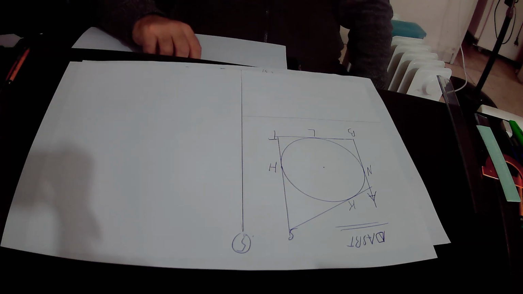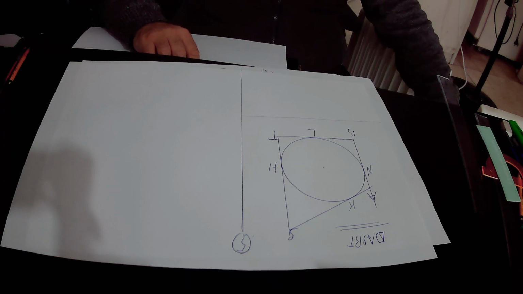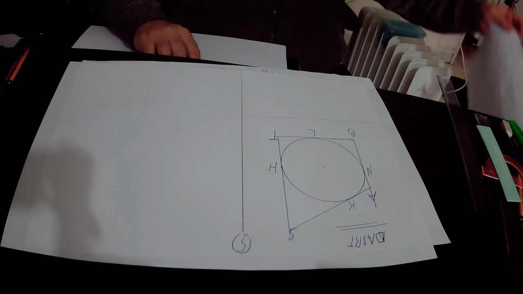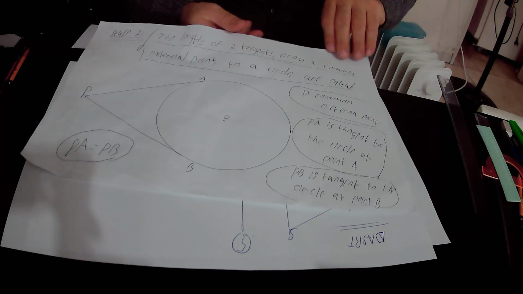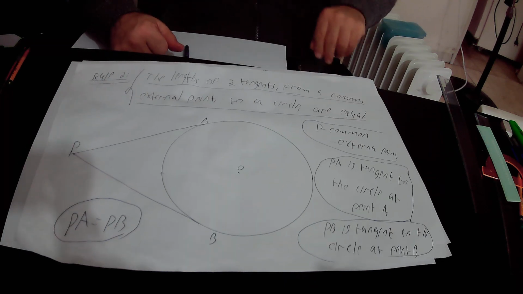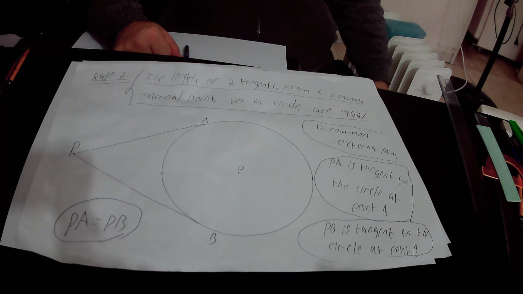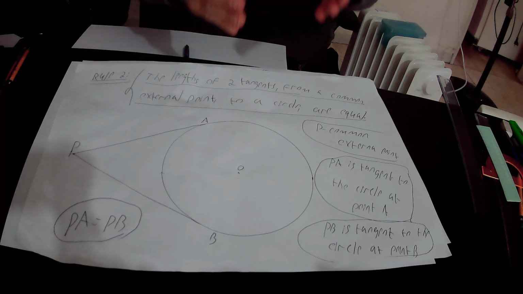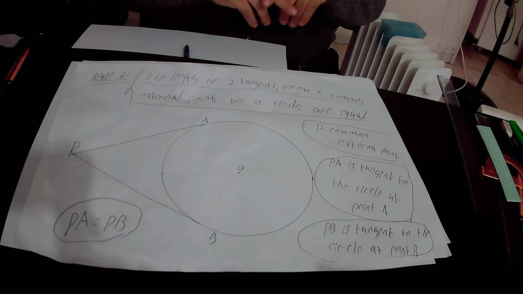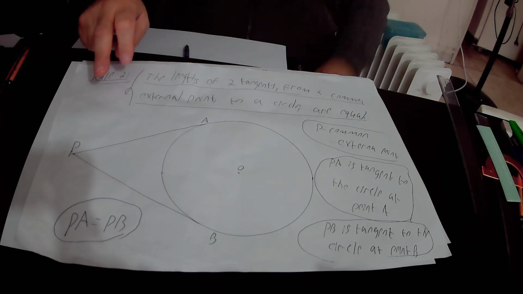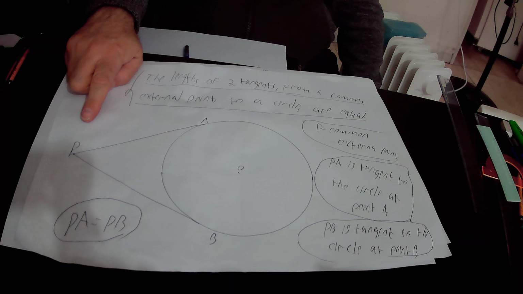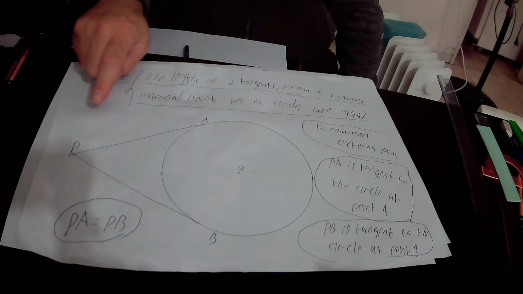You can implement here rule 2. I will repeat quickly on rule 2. According to rule 2, the lengths of two tangents from a common standpoint to a circle are equal. In the drawing we have a circle, and outside the circle we have the common standpoint, point P. From the common standpoint, point P, we have two tangents to this circle, tangent PA and tangent PB.